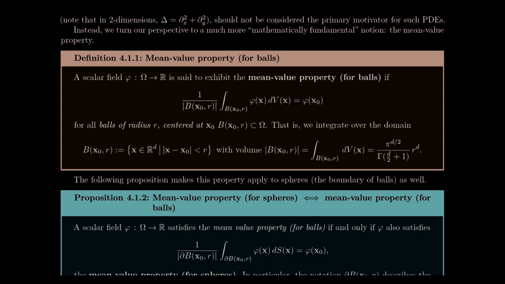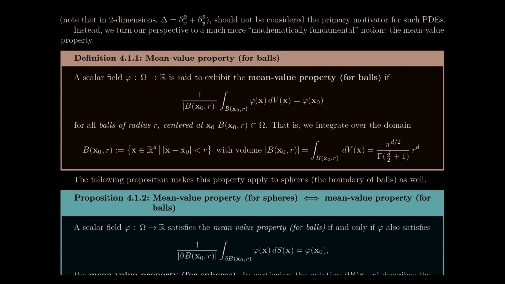Let's make a comment here that the ball is everything inside of a specific radius, so it's solid, and not including the radius. That's a definition for a mathematical ball. The mathematical sphere is going to be the boundary.